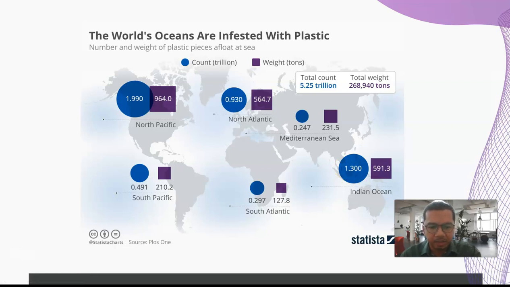And the other oceans are also infested by plastics. You can see that the South Pacific, South Atlantic, and North Atlantic are all infested by plastics.